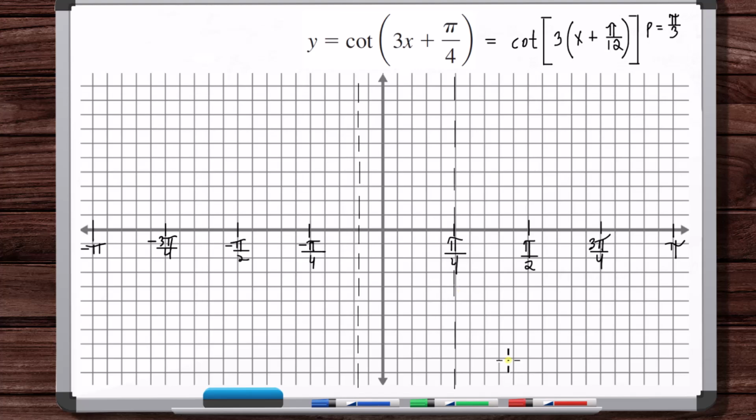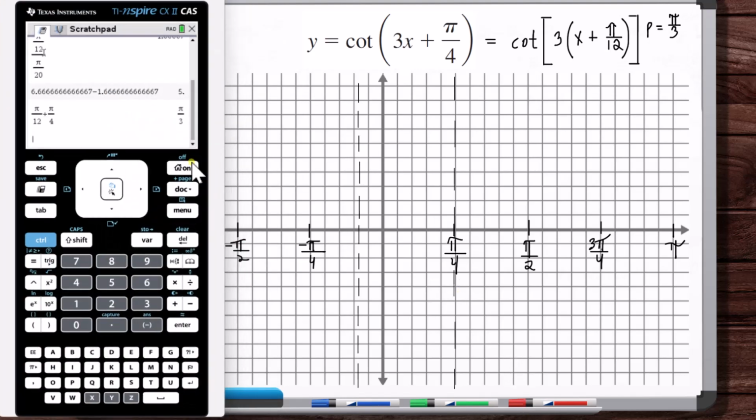Now, let's see. Where is the midpoint of this? So take how many tick marks pi over 3 is, divide that by 2, and then subtract from that the pi over 12.